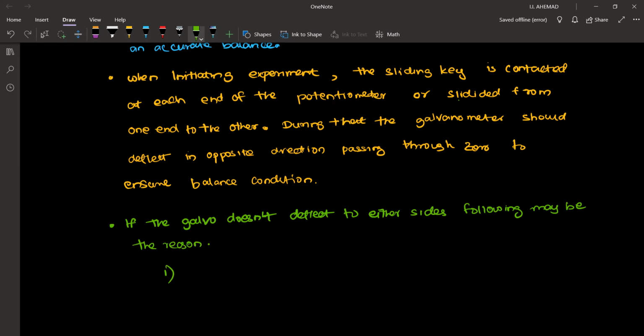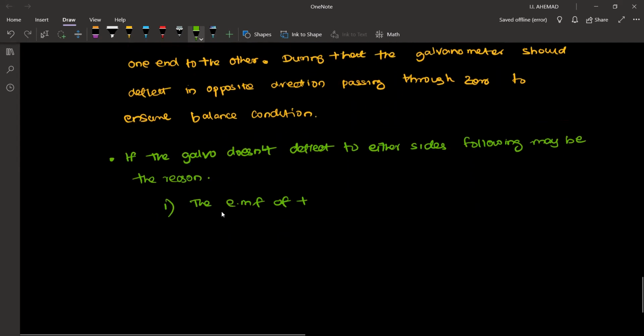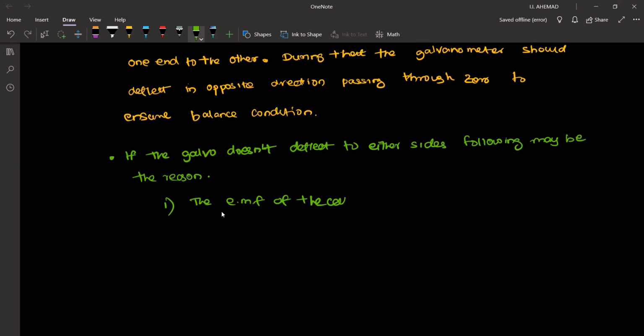First one, the EMF of the cell to be balanced may be greater than E naught.